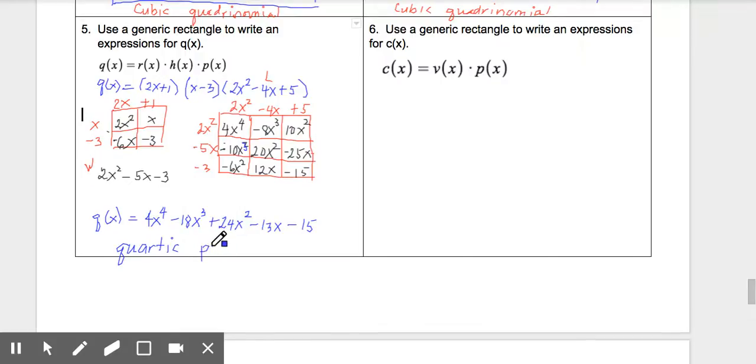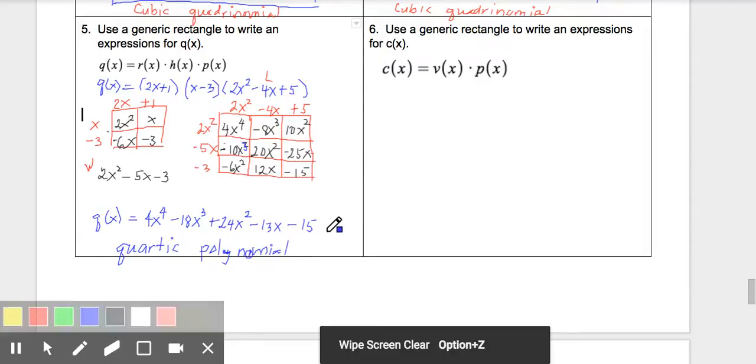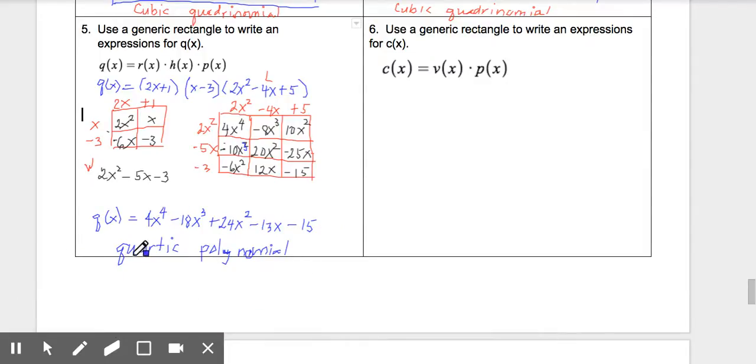And let's just call this polynomial, there's only one. So this is a quartic polynomial. Again, the degree is 4. The leading coefficient happens to be 4 also. This is called a constant term. There are 1, 2, 3, 4, 5 terms, and for that, we just call it polynomial.